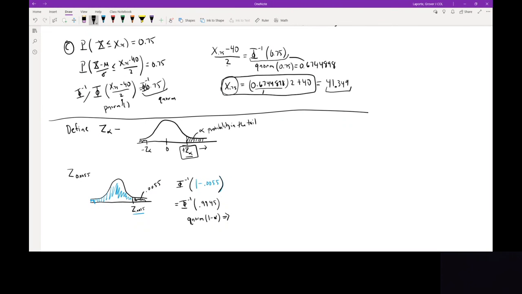If you looked up 0.9945, you would find 2.54 would be the number, and it would stop there. But ours goes a little bit deeper. So this number here, 2.54299, is the number that gives us that amount of probability in the tail.